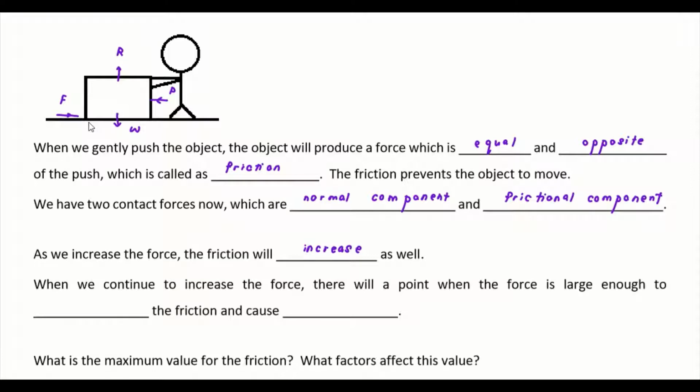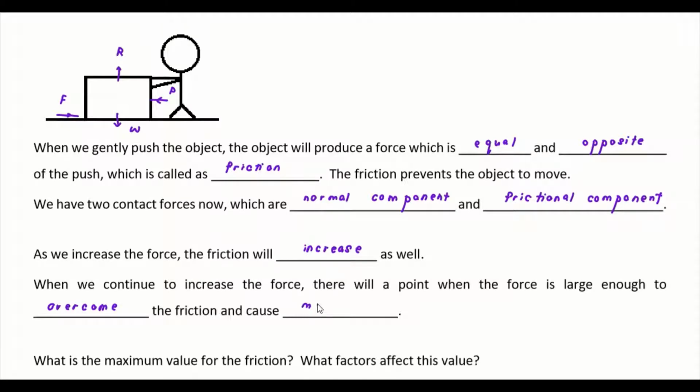But you'll realize that when we put on more force, the object will actually move, right? At that point, when we increase the force, the force that you apply is large enough to overcome the friction. So that's why the object will move, right?